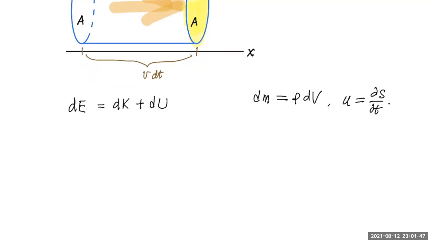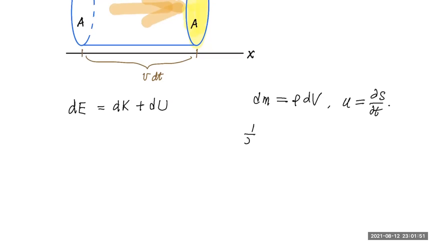So for this particle of mass dm, I have dK, which is 1/2 dm times u squared. Okay, so that's dK, the energy possessed by this mass dm. So that is 1/2 rho dV, and then times (partial s, partial t) squared, right?